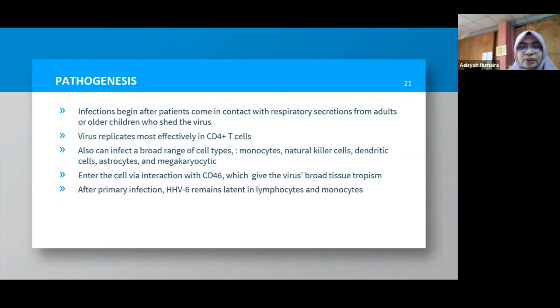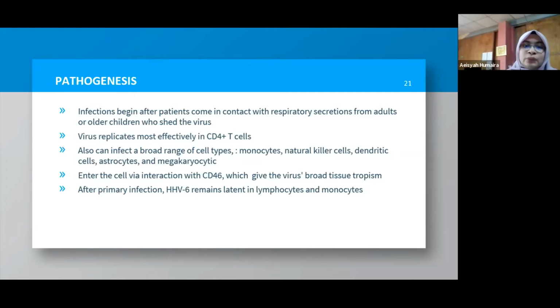At the lymph node, the dendritic cell interacts with the CD4 T cell. When the dendritic cell and CD4 T cell interact, the virus gets ingested by the T cell. The virus then replicates most effectively in the T cell.